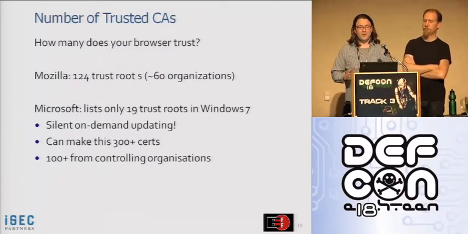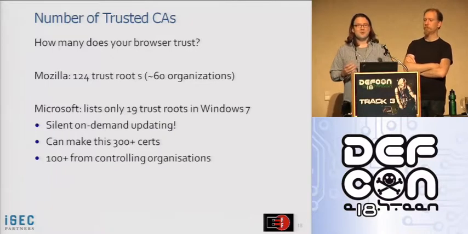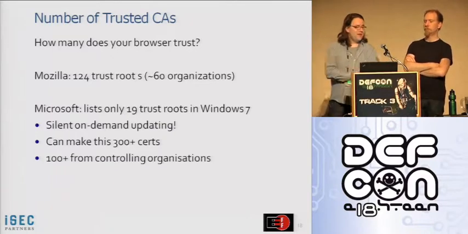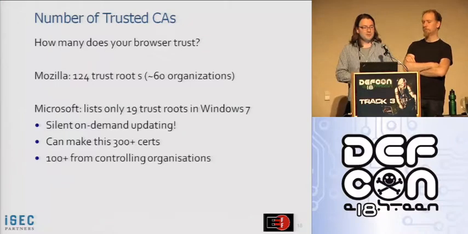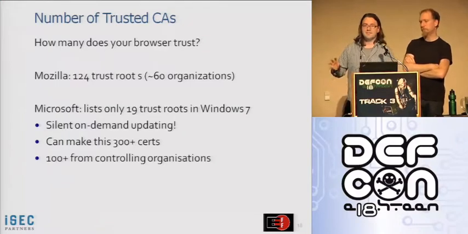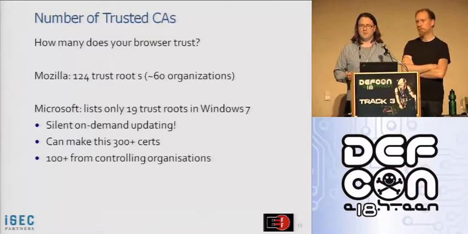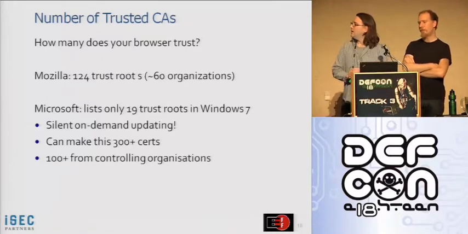If we're going to figure out who browsers trust, we want to know what the trust roots are. If you just fire up those browsers and look in your Mozilla trust root, you see 124 trust roots representing around 60 organizations. That's some indication. When you fire up Windows 7 and open up IE, you see 19 trust roots, and you think, oh wow, those guys have really tightened that down.